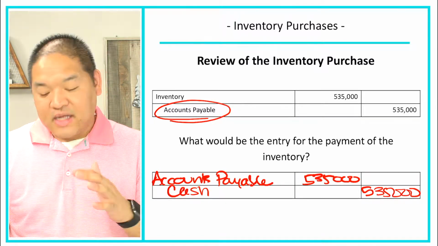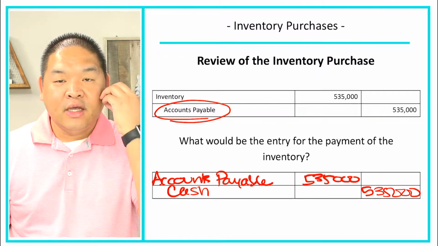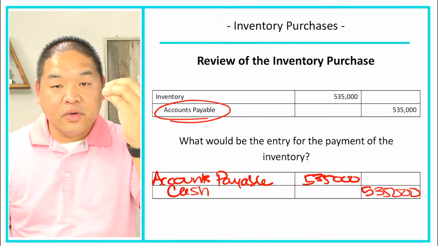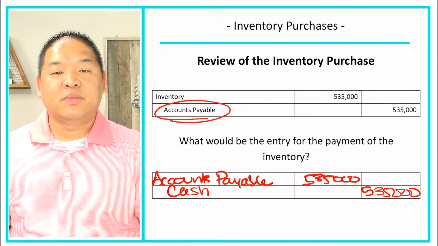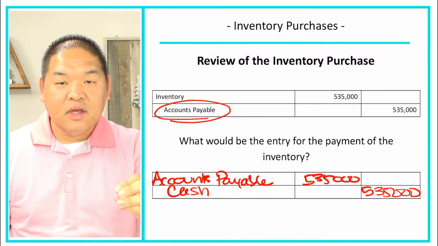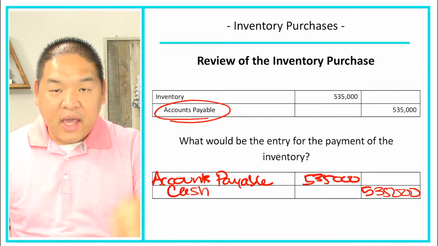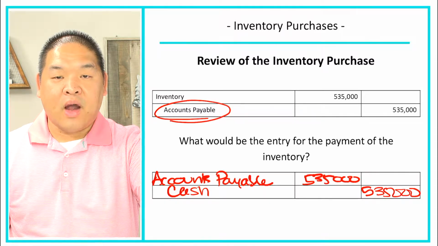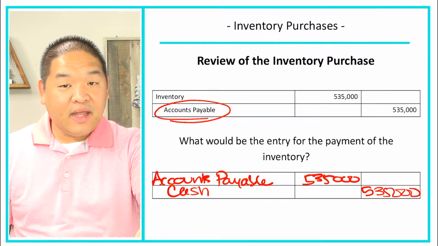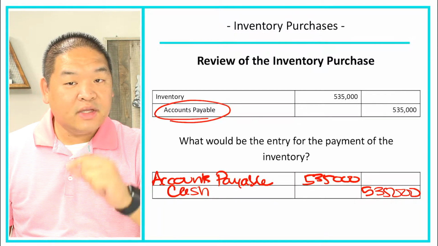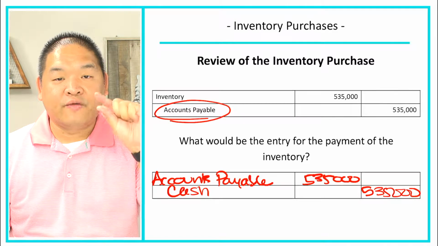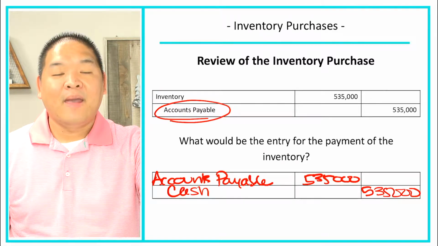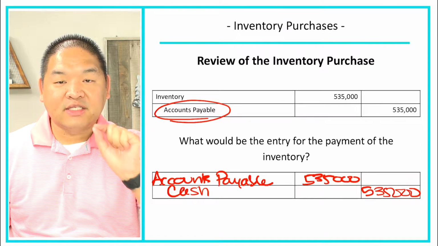Again, this is not what we're trying to learn here, but I want you to conceptually think through how we buy inventory. Typically, we buy inventory on account, and later on we need to pay for that inventory. Notice, when I pay for the inventory, I still don't book the expense. All I'm doing is reversing the liability and taking the cash to pay it.